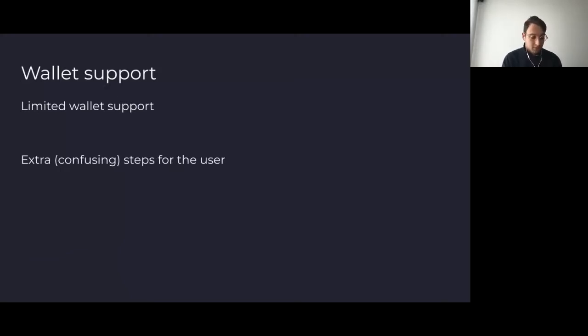So for our user, they come to use one of these products and maybe their favorite wallet isn't supported. Not great for them, which excludes a number of people from using that. Then even if wallets are supported, they usually are not supported natively, so there are some extra steps for the user to go through.